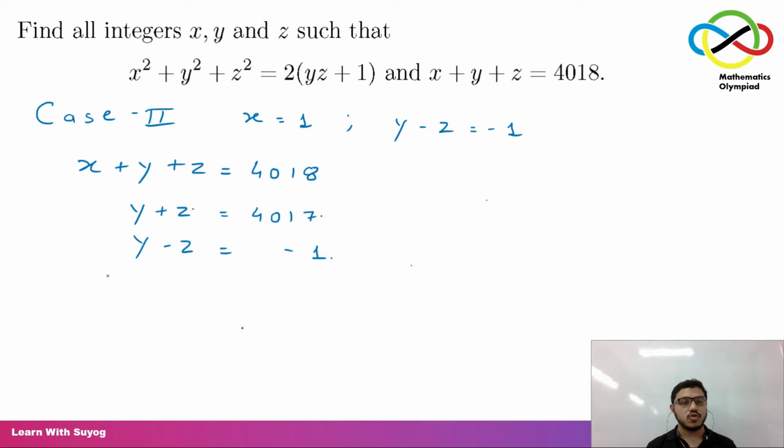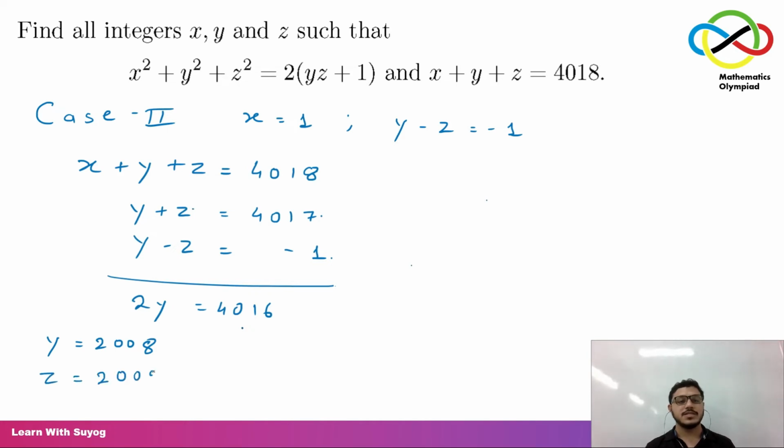When we solve both these equations, we get 2y equal to 4016, so y will be equal to 2008, x equal to 1 and z equal to 2009.